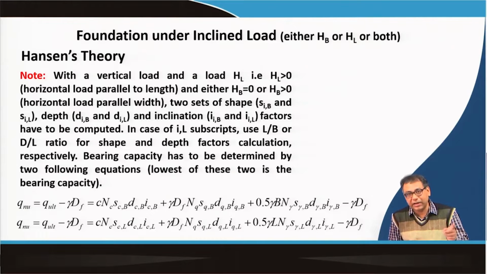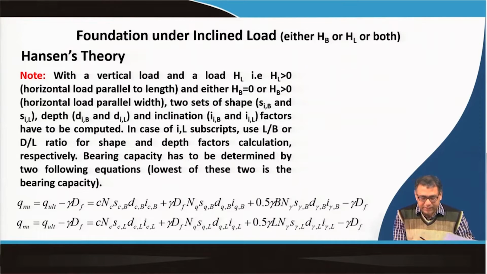There are two ways: either the inclined load is given directly, then you have to determine its horizontal and vertical components, or the vertical and horizontal components are given separately. In such a case, you can get the resultant inclined load and the amount of inclination also.